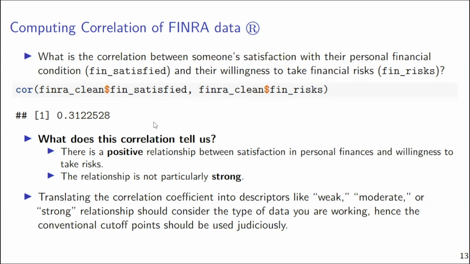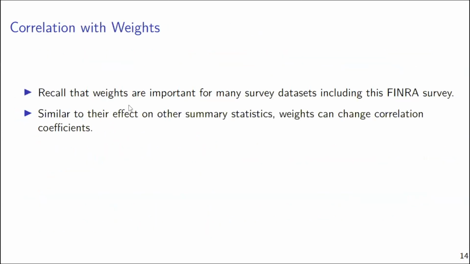All right. So this is the case with the financial risk and satisfaction. You see that it's positively correlated. It's not as strong a relationship as what I showed you between the treasury yields and the unemployment rate, but again, it's positive.